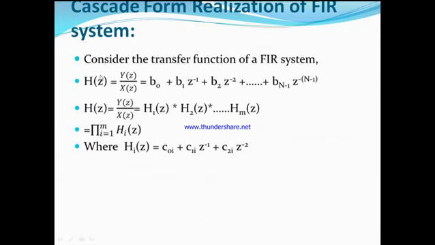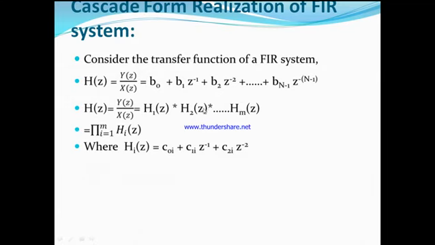For the cascade realization of FIR system, I have to consider the transfer function. The transfer function H of z equals Y of z divided by X of z. So we can write b0 plus b1 z power minus 1 plus b2 z power minus 2 up to b n minus 1 z power minus n minus 1. This transfer function of FIR system is an n minus 1th order polynomial.